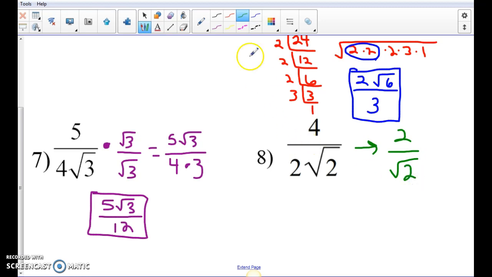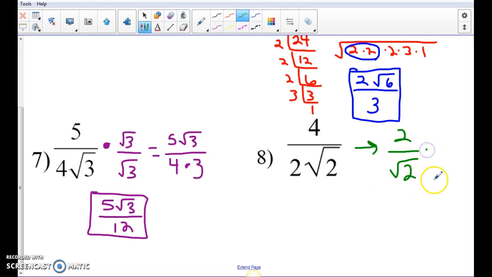Again, all we did there was just divide 4 divided by 2. That gave me a 2 over 1, or you could just write 2. So now I still have that radical 2 in the denominator. Let's fix that.